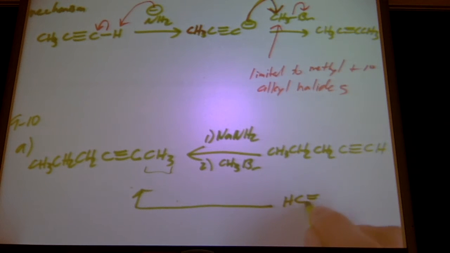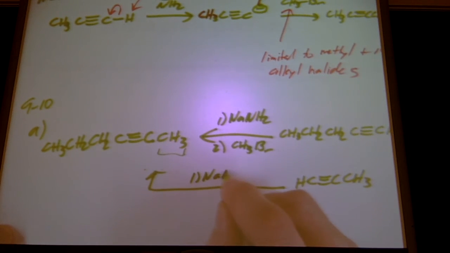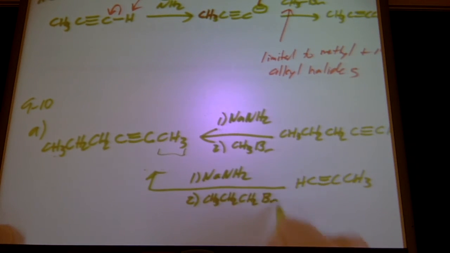I could have also taken off the hydrogen from the other end of my triple bond. And then I'd want to add 3 carbons, so that's why I make my alkyl halide. I want to add the CH2, CH2, CH2. So where it's attaching to my triple bond, I put my halogen.